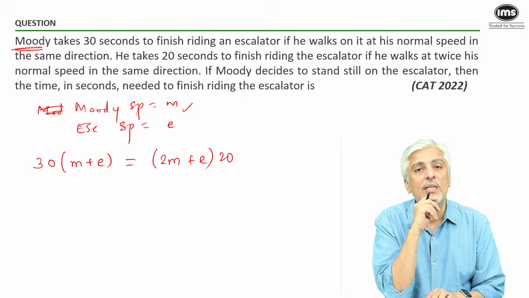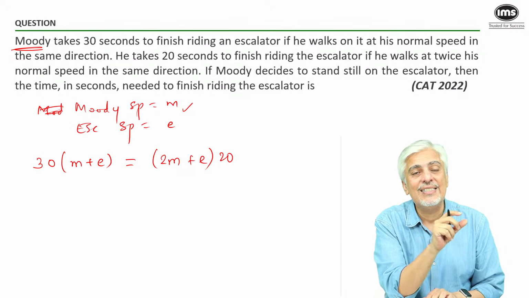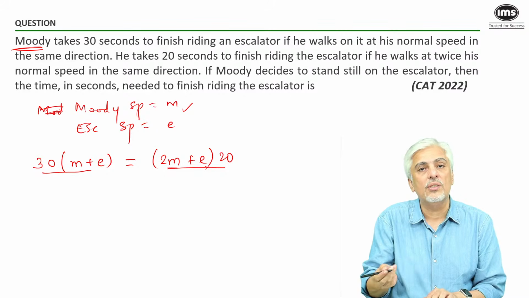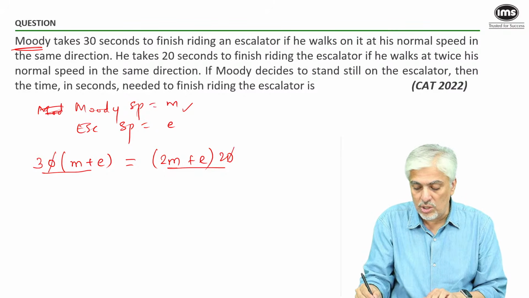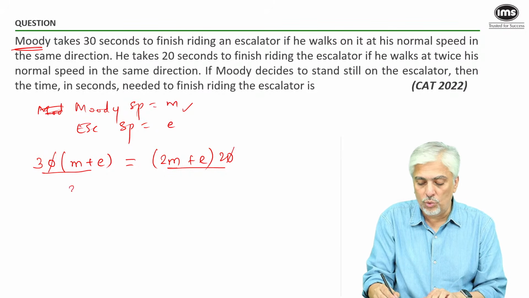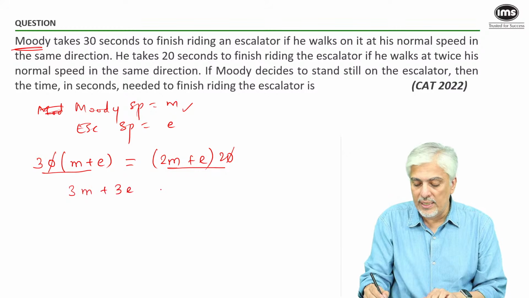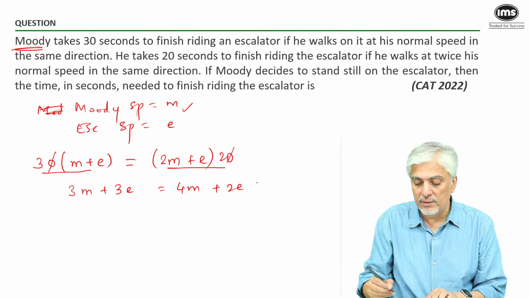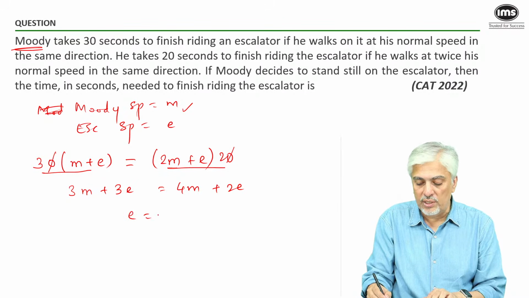Why? Because this is also the distance. Solve it out, cut 10 out, and I get 3m plus 3e equals 4m plus 2e. If you solve carefully, you realize e and m are the same.